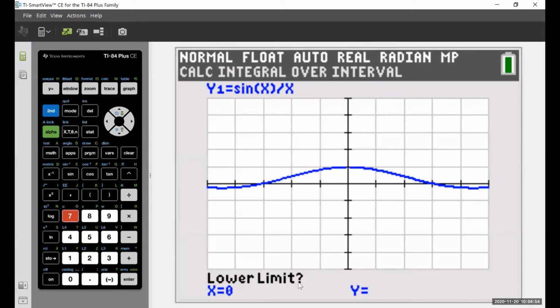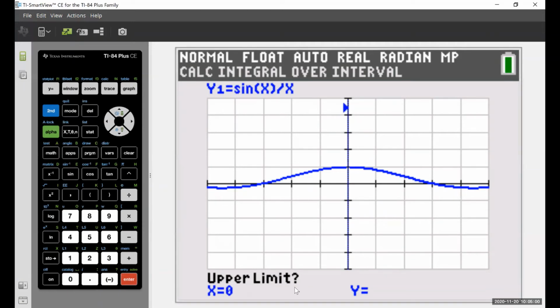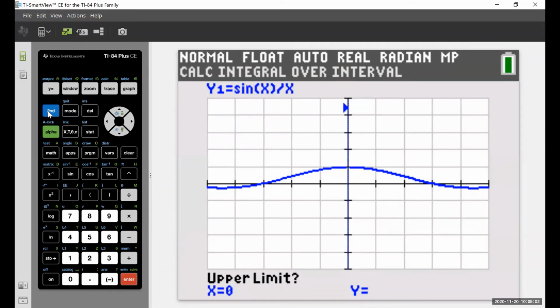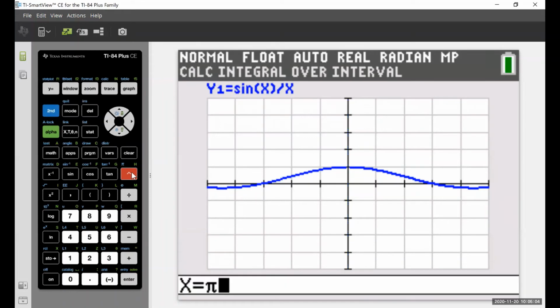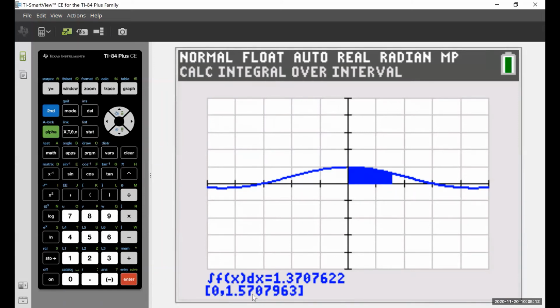Now here we want the lower limit. The lower limit is 0, so we press 0 and then enter. The upper limit is pi over 2. So we type pi divided by 2, that's pi over 2, and hit enter. You can see we are integrating from 0 up to 1.5707. This value here is pi over 2, and the value of the integral is 1.37076622, which is shown here.